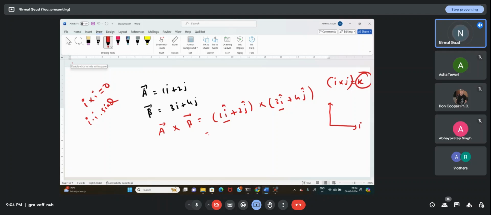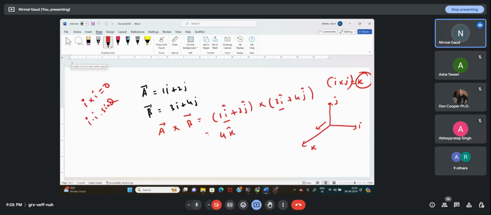This is i, this is j, this is k. All three are perpendicular to each other. So for i cross j, the direction will be this k. So 1i into 4j, 1 into 4 is 4, and i cross j is k, that is 4k cap. Then 2j into 3i, j cross i.